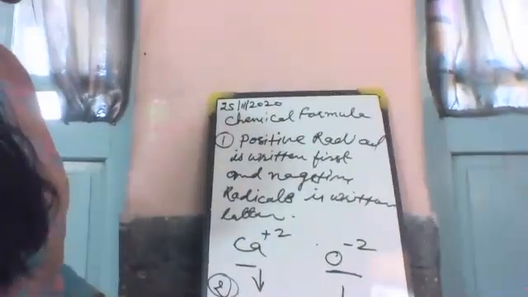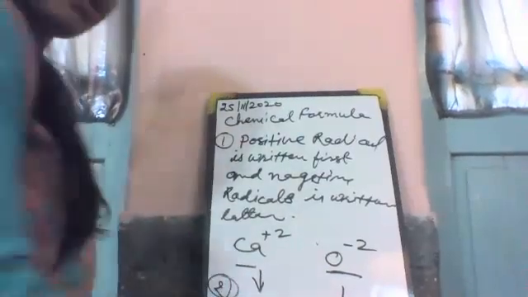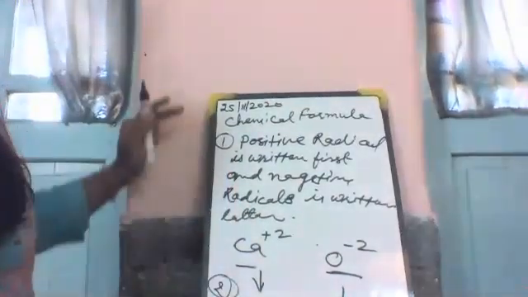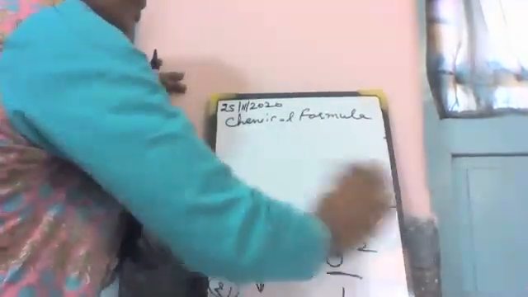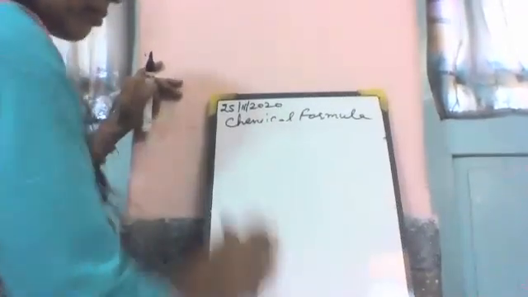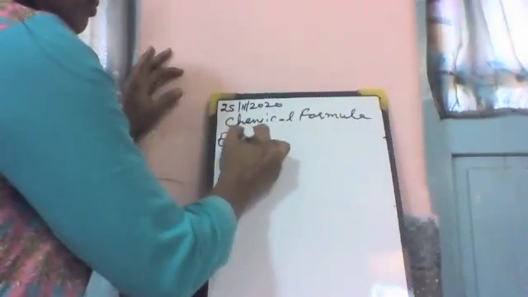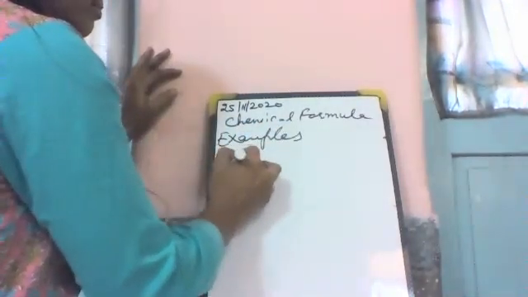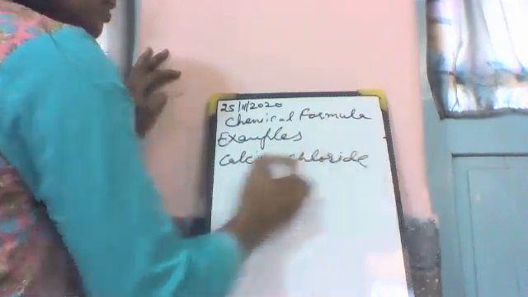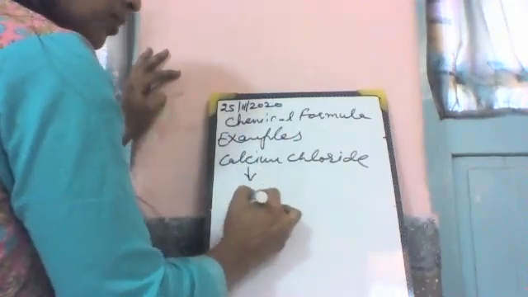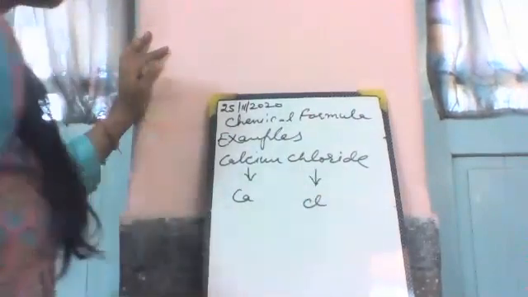If they have the same valency, negative and positive radical, then the formula is this. In case they have different valency, here is an example of calcium chloride. First we have to write the symbol of calcium, then the symbol of chloride.